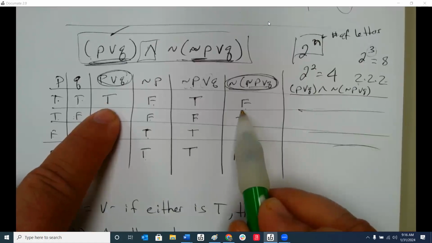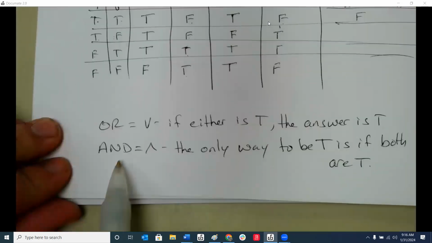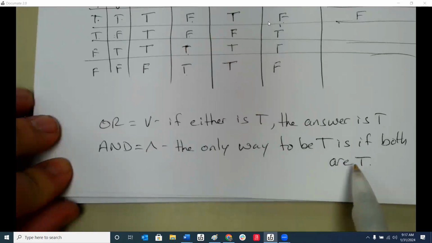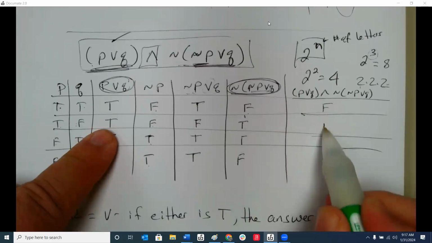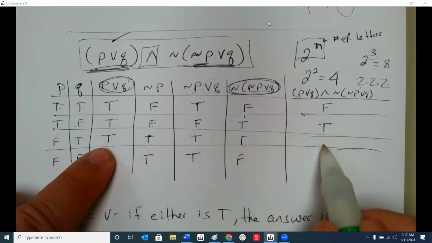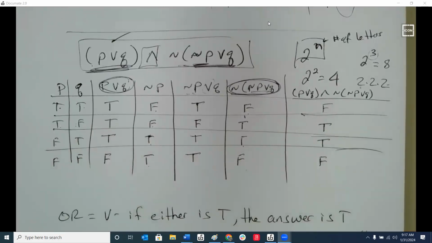It's false because remember, for the and, the only way it can be true is if they're both true. If one's false, it's false. True and true, true. True and true, true. False and false, false. That's how you build these things.